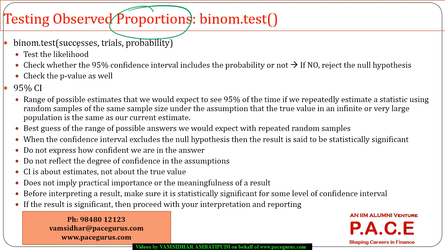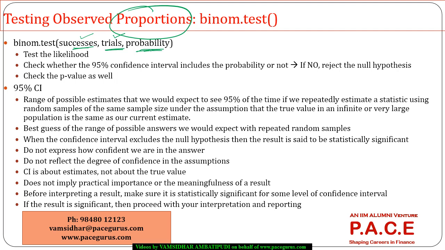The binomial test takes the number of successes in a number of trials, that is, the actual number of times an experiment is performed, the number of successes that were achieved, and the expected probability of success. Based on that, the binomial test will be conducted.